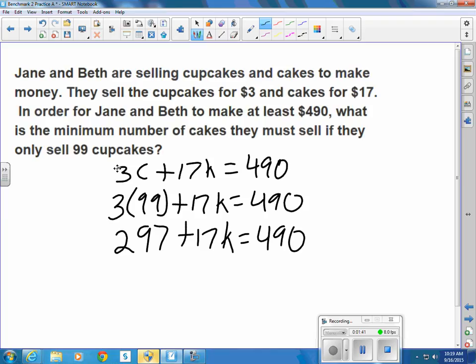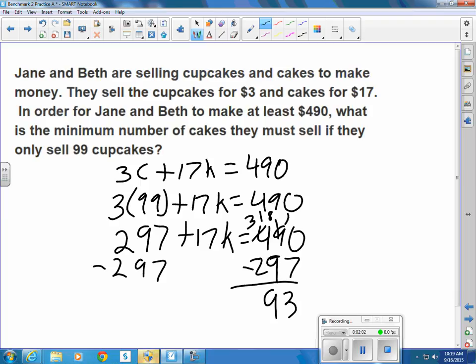So solving for K, let's subtract the 297. 10 take away 7, I had to borrow, is 3. 8, I'm going to have to borrow again. 18 take away 9 is 9. 3 take away 2 is 1. And that is equal to 17 times the number of cakes.